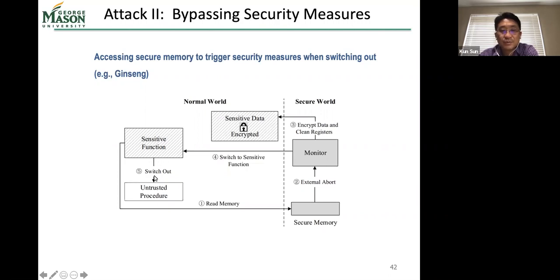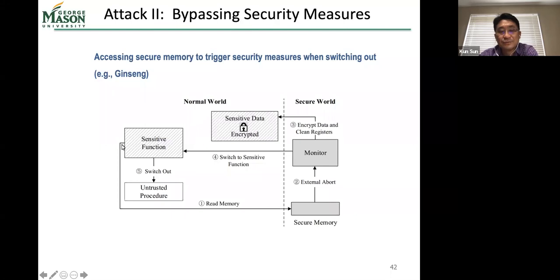Before they switch out, they need to clean out the sensitive data in the registers or other places. Here, they rely on the reference IEE monitor to do this cleanup, since the OS in the normal world cannot be trusted.